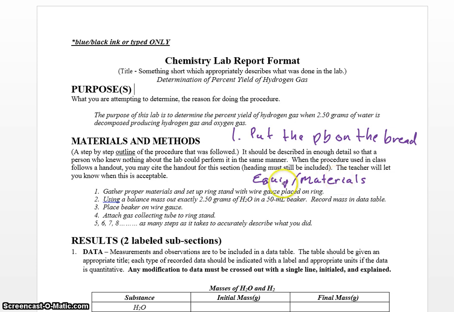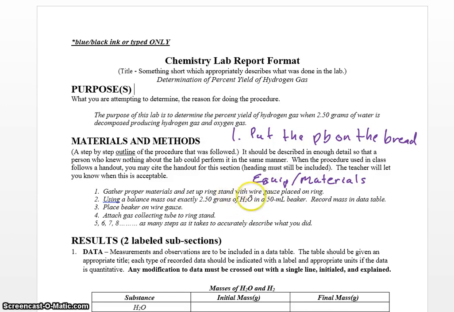Whether or not you are required to include this equipment and materials list, you must always describe in the steps of the procedure any equipment that you will be using and the materials that will be involved as well. Notice, for example, it says to use a balance to mass the 2.5 grams of water.